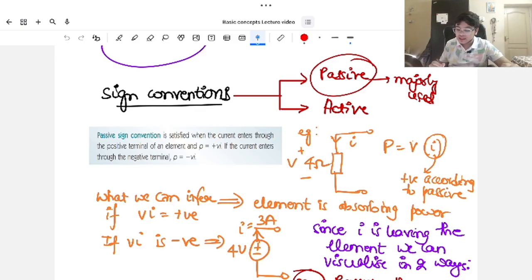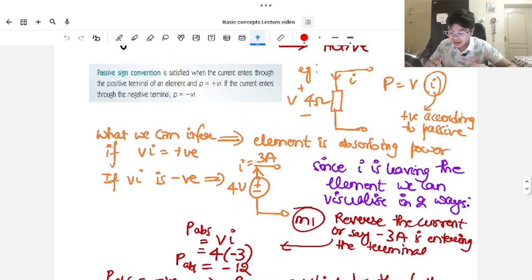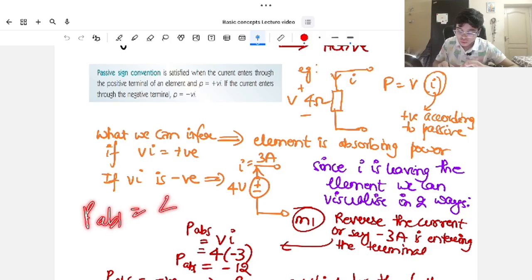Since the current is leaving the positive terminal, there are two visualizations to solve this problem. I can assume that a minus 3 amps current is flowing into the positive terminal, and then I write P absorbed is equal to 4 volts into minus 3 amps, which is minus 12 watts.